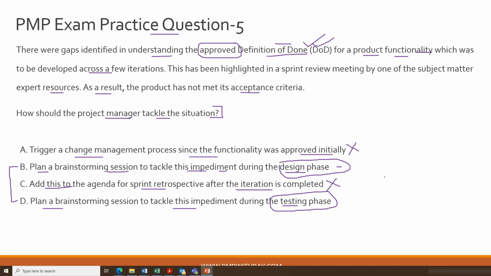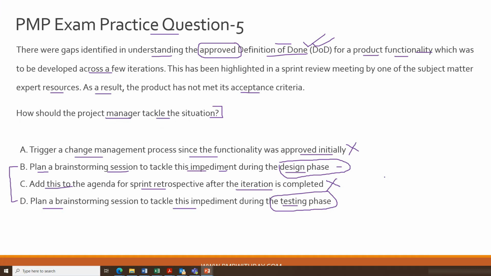Now, the answer is very simple, right? You have to have the capacity to tackle these kinds of problems early in your project so that you can be more proactive and you don't end up spending more money and resources during the testing phase of the project, where there could be a lot of rework generated if you try to address something which has been built wrong.